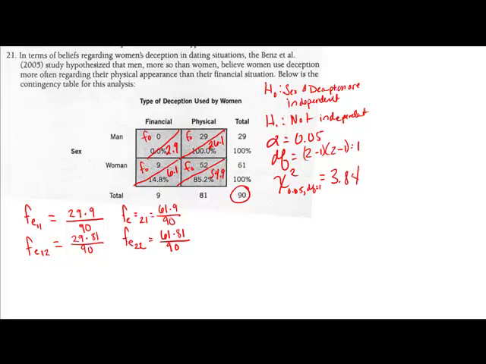Now, to calculate the chi-square, I have to do frequency observed minus frequency expected, squared, divided by frequency expected. Okay, so let's write this over here. So this is row 1, column 1.